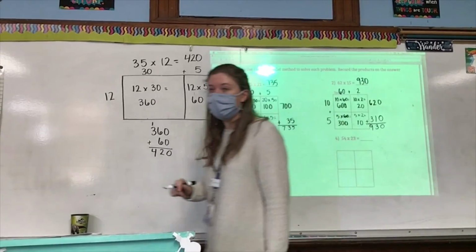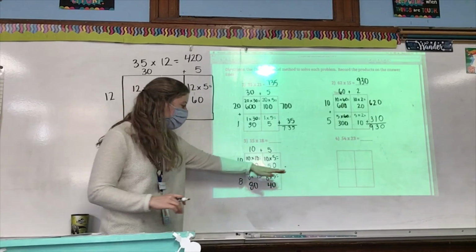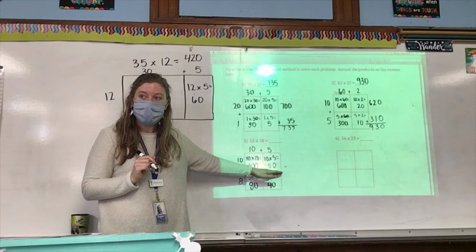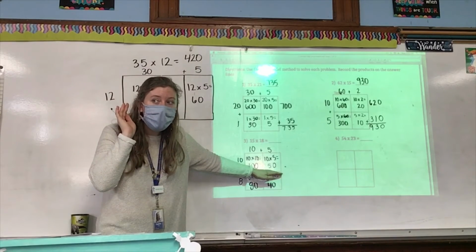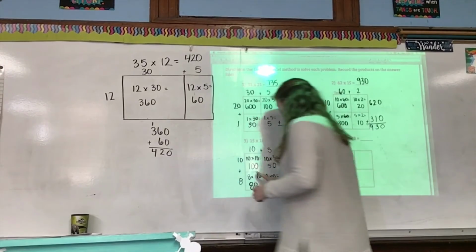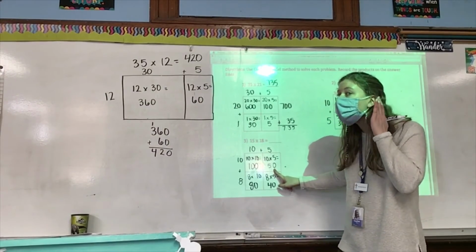Now, let's go ahead and add across so that we get two partial products to add. Ethan, 100 plus 50 is what? Let's add the ones place. 0 plus 0 is 0.